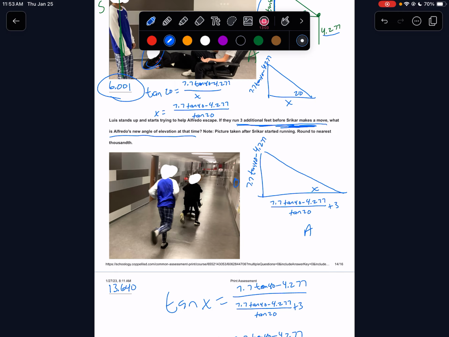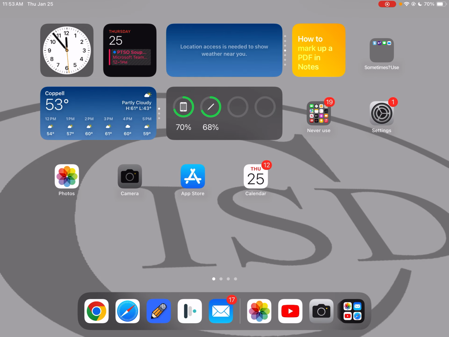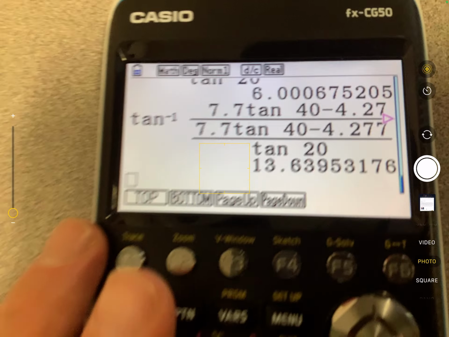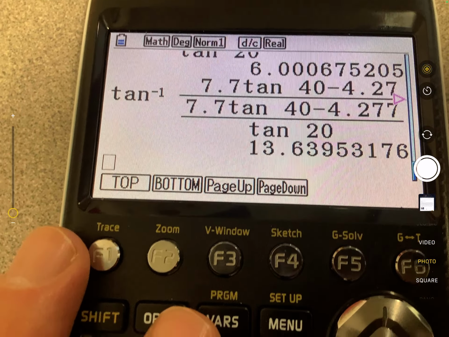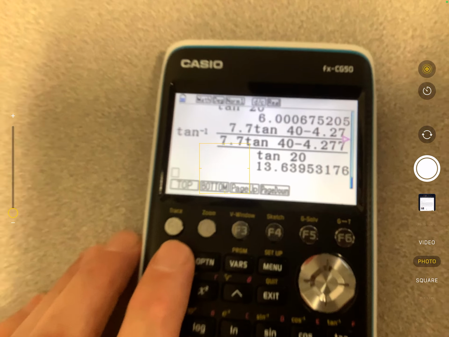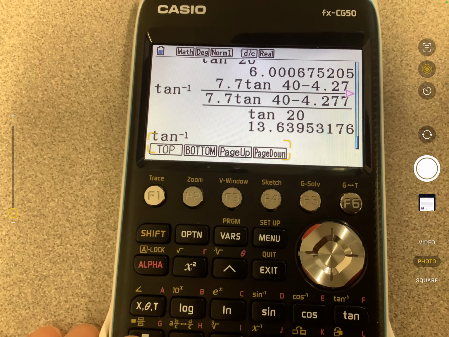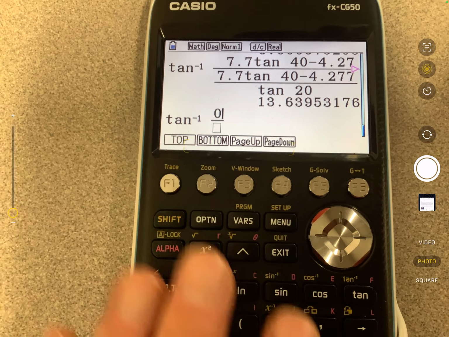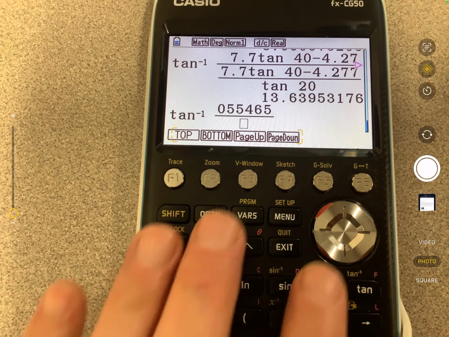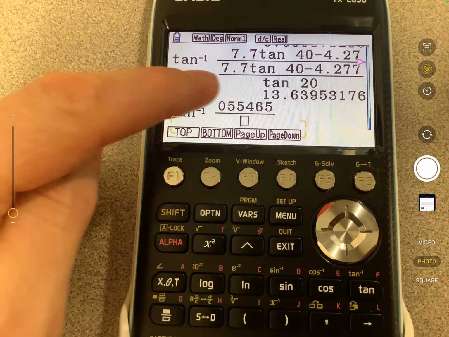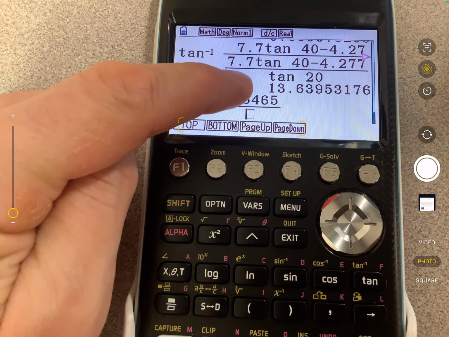So I do want to show you how I type it in, my friends. Look at all that. So just so you know, this is pretty beefy, but shift tangent, I started my fraction. I typed in the top stuff. I went down, and wasn't there a fraction on the denominator?